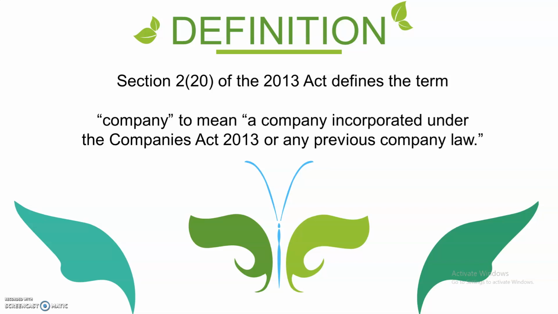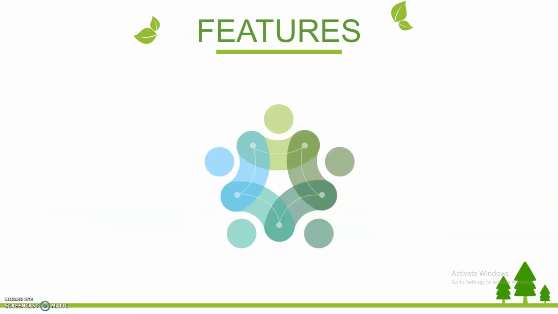The Act defines the term company: company means a company incorporated under the Companies Act 2013 or any previous company law. सिंपल सा यहाँ पे कहने का मतलब है कंपनी का मतलब होता है एक ऐसी कंपनी जिसे रजिस्टर किया गया हो, इनकॉर्पोरेट किया गया हो, स्थापित किया गया हो कंपनीज एक्ट 2013 के रूल रेगुलेशन के द्वारा या फिर किसी भी प्रीवियस कंपनी लॉ के द्वारा. So this is what section 2 subsection 20 of the Companies Act 2013 talks about.